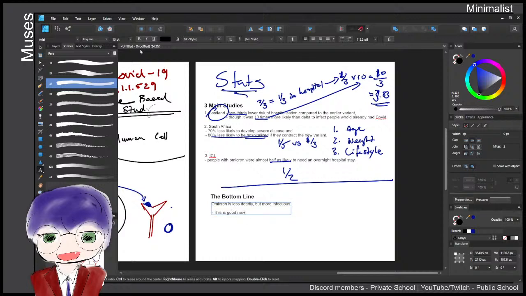This is good news for the individual. Bad news for overwhelmed healthcare systems. Right? Like we've literally just talked about all of this.